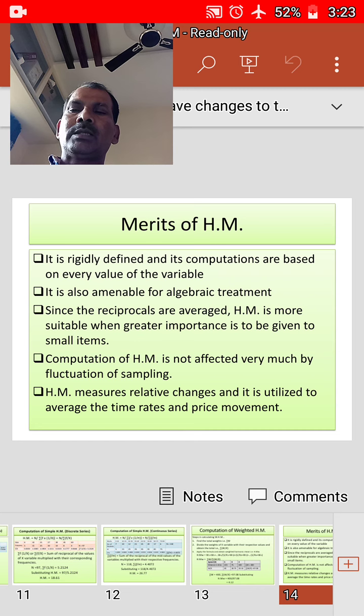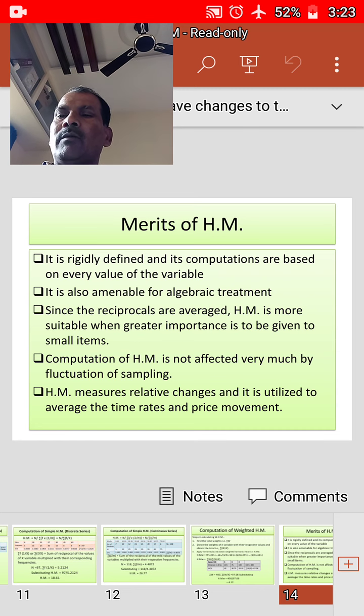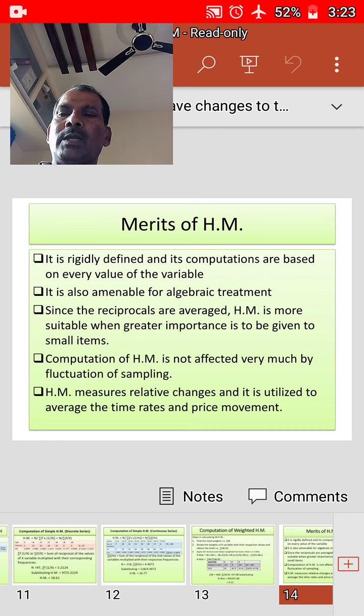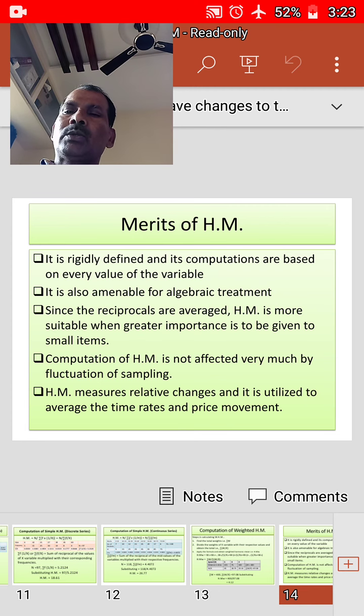And third is, since the reciprocals are averaged, harmonic mean is more suitable when greater importance is to be given to small items. And next, computation of harmonic mean is not affected very much by fluctuations of sampling. And next, harmonic mean measures relative changes and it is utilized to average the time rates and price movement.